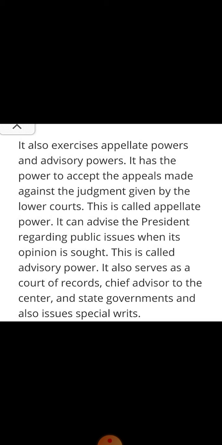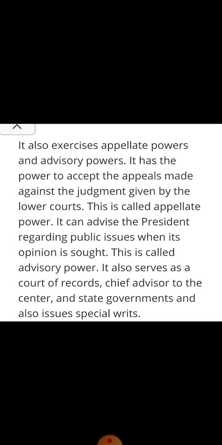Well, when it comes to appeals, it has the power to accept the appeals made against the judgment given by the lower courts. Whatever judgment has been given by the High Court, which the citizens are not satisfied with, they can appeal to the Supreme Court and get the judgment. So this is called appellate power.